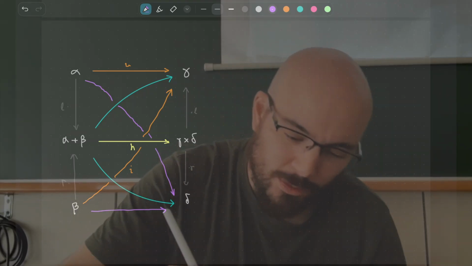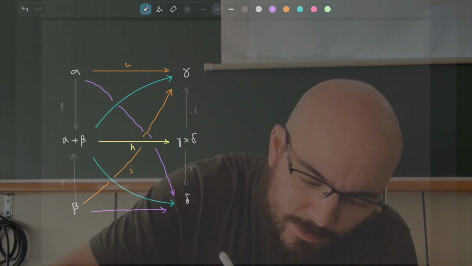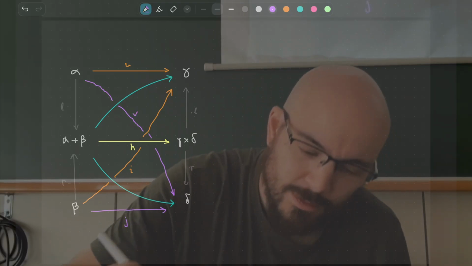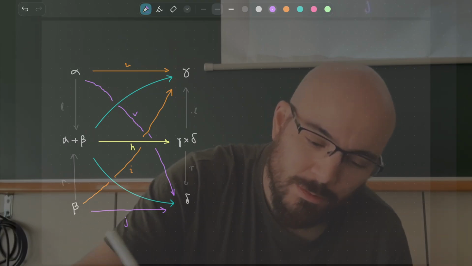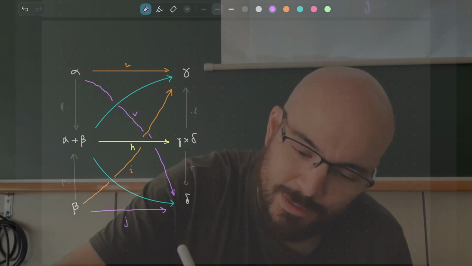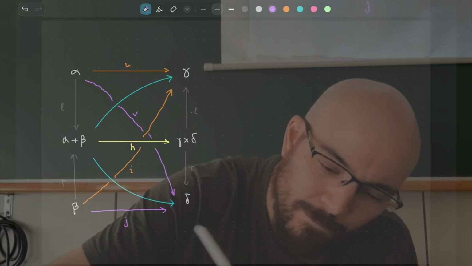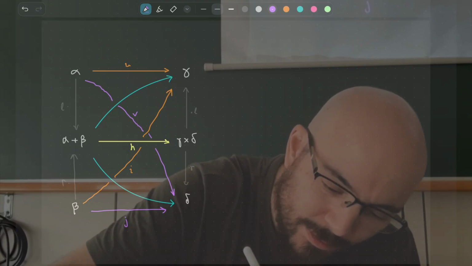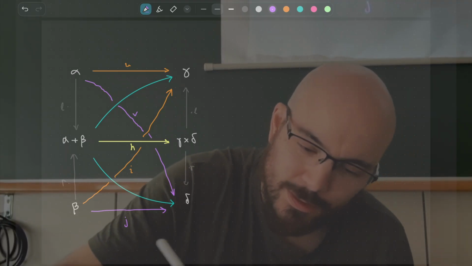Okay? So what are the names I want to give to these things? Will be V and J. And let's see now, what is the blue arrow? Now I know the name of the blue arrow. I could call it something like initially F and G. It's like sum of U and I, exactly.